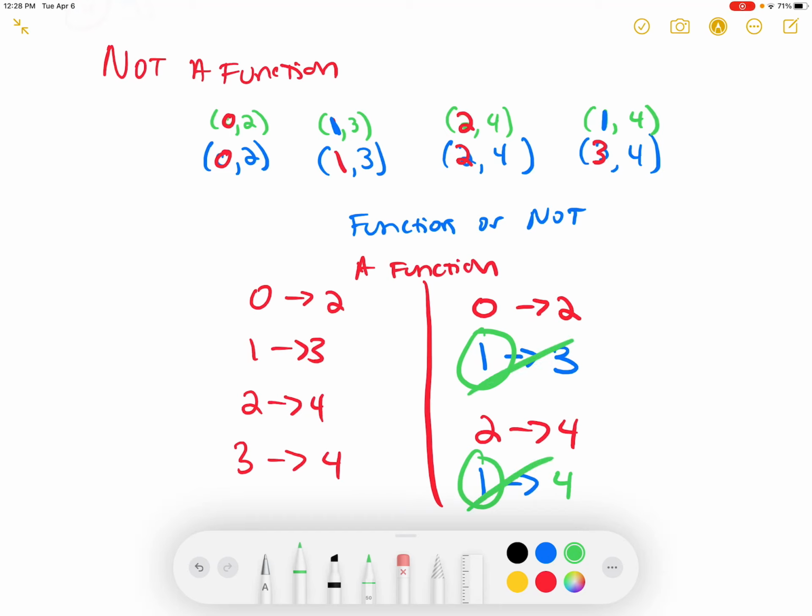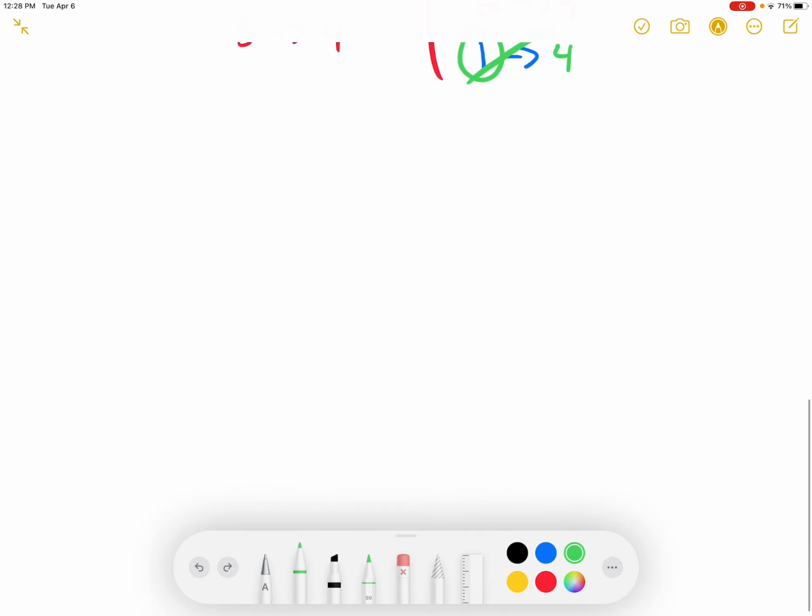That's a bad door. Now, the keys, if you can notice, can go to different doors, but we can't have it the other way around. All right? So plain and simple, in a function, each x goes to exactly 1 y.